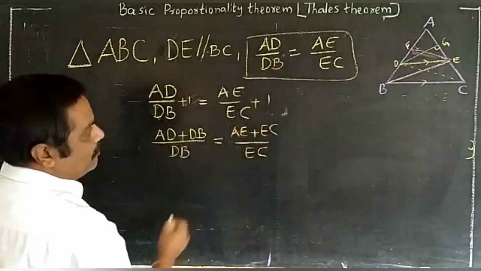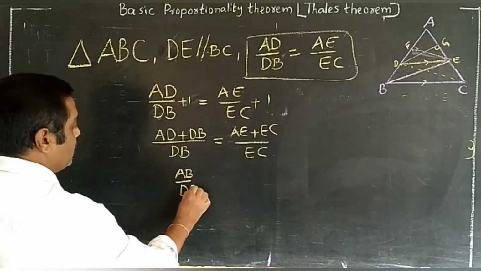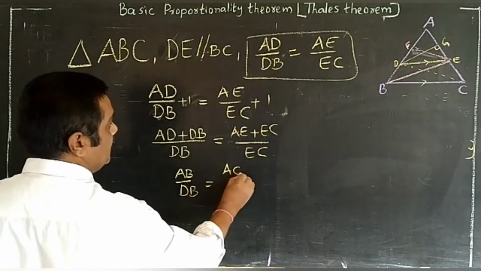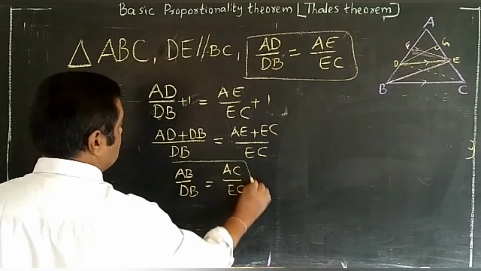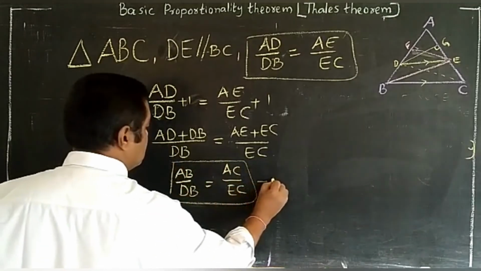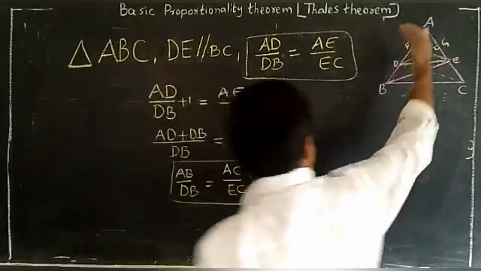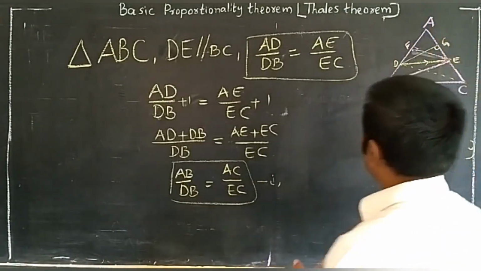AD part plus DB part means we get AB by DB. The same way AE part plus EC part means we get AC by EC. So this is also one of the auxiliary formulas. Means we have to say AB by DB is equal to AC by EC.